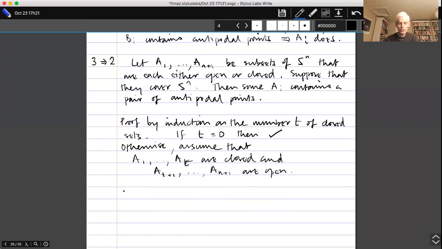So let's suppose that AT does not contain a pair of antipodal points.